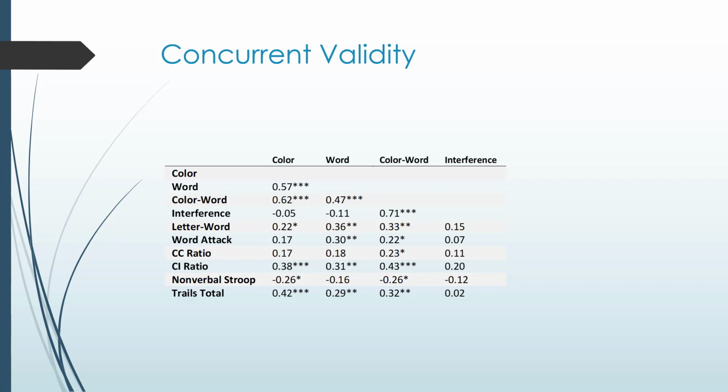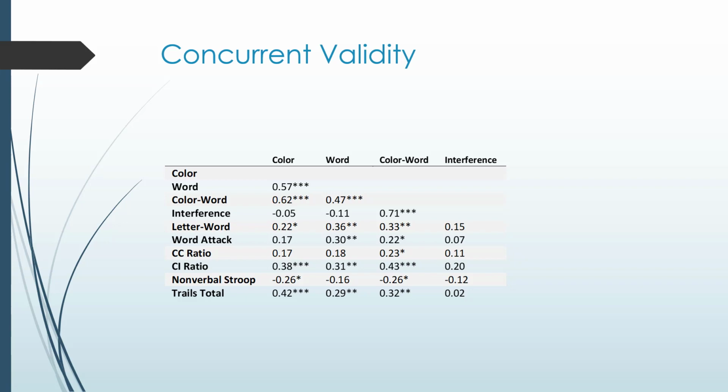To look at concurrent validity, I looked at the correlation of Stroop scales with those other measures that I mentioned were used for concurrent validation. And we can see significant levels of correlation with other tests, and in particular, some of the scales mapped more closely with others.